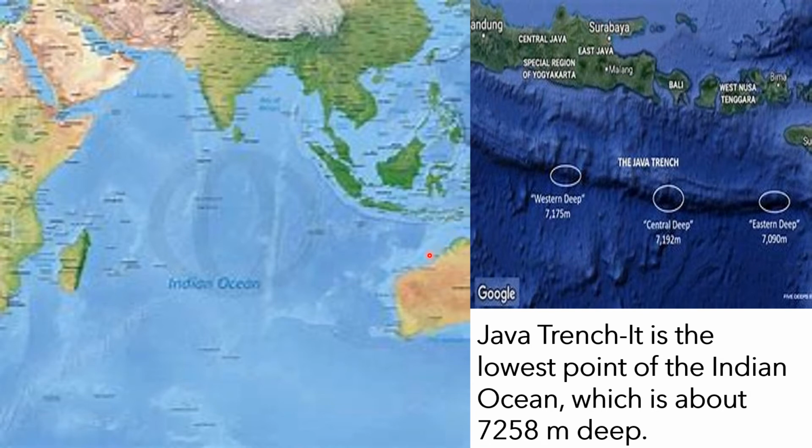There are a number of island nations along the continental edges of the Indian Ocean. Some of the major island nations are Madagascar, then Comoros, Seychelles, Maldives, Mauritius and Sri Lanka.